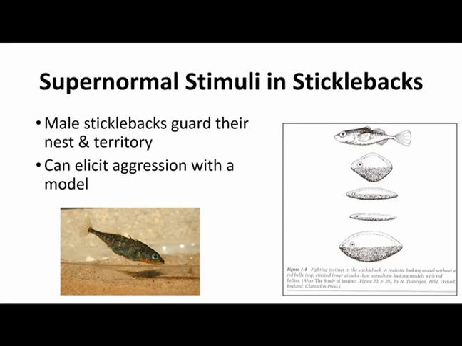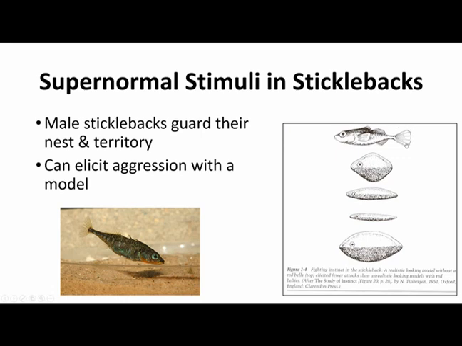And their acts of aggression, sort of the stances that they take and their aggressive behavior, follows a modal action pattern. So they have a very predictable pattern of responding to things that they view as a threat. And in this experiment, they have another set of models that they put together.